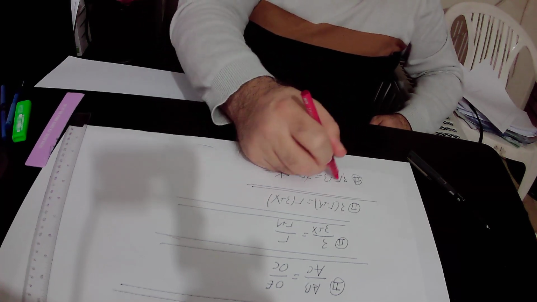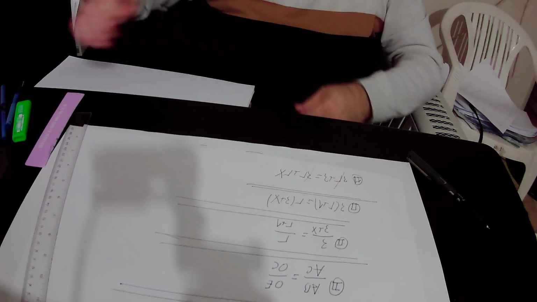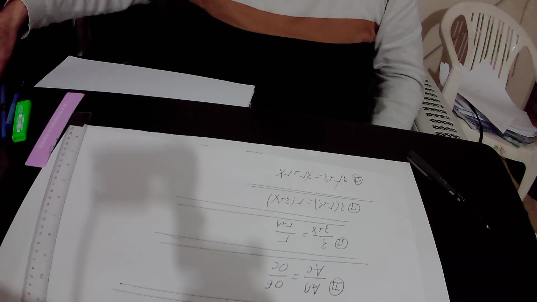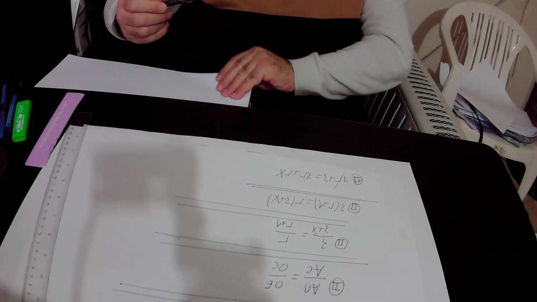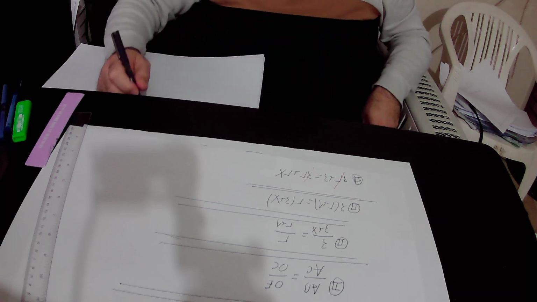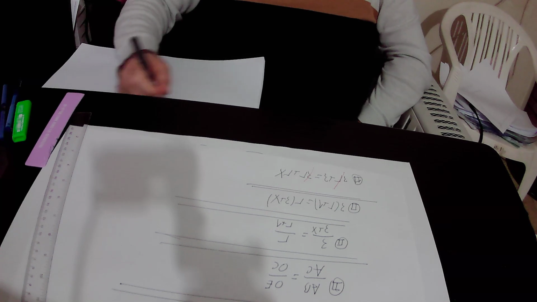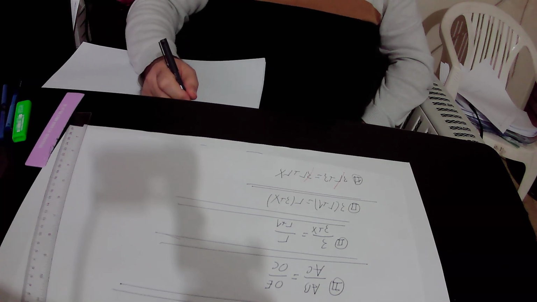And what is left after we cancelled 3R? It is actually 3 equals R times x.